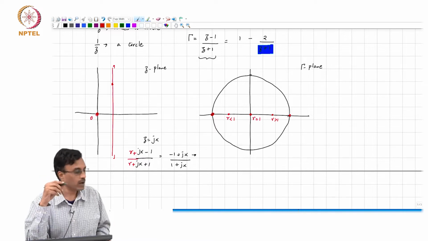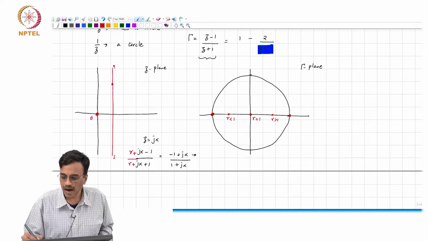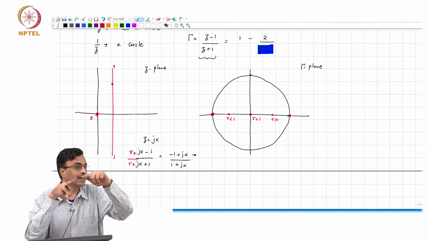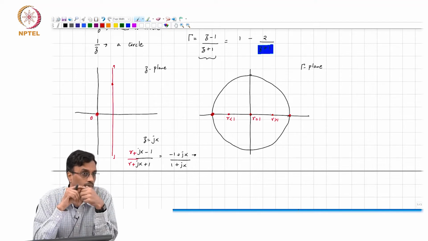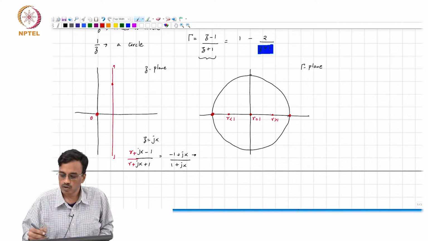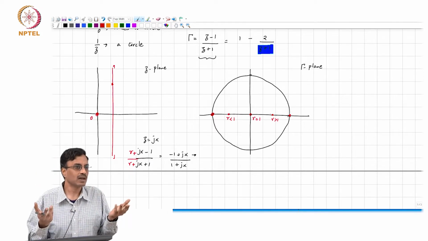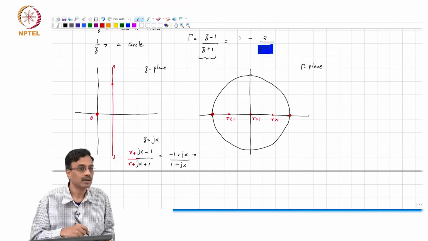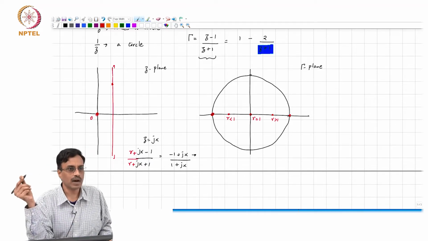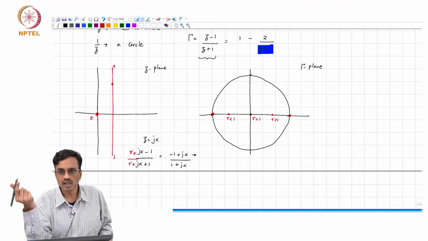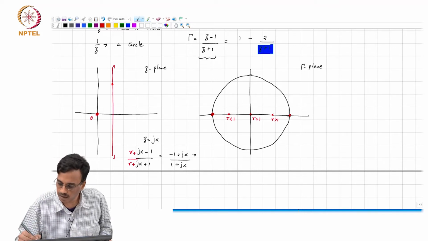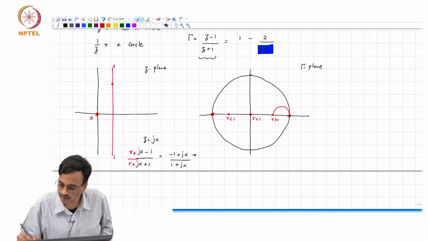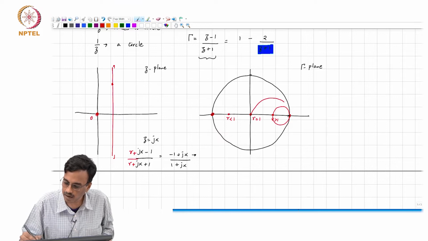So, as you keep going, depending on the value of R, the starting point will change, but eventually they will all end up at plus 1. And we know that this is a straight line, and after transformation it must become either a straight line or a circle, right. So, this basically is clear that they must be circles which all meet at infinity.